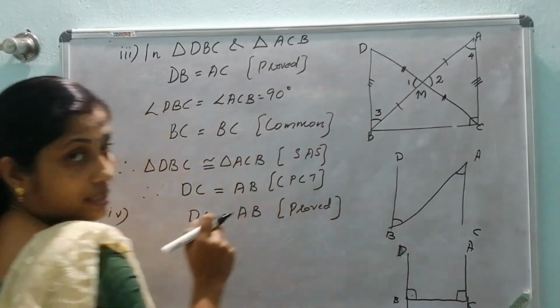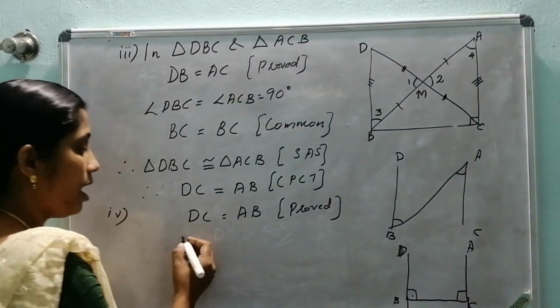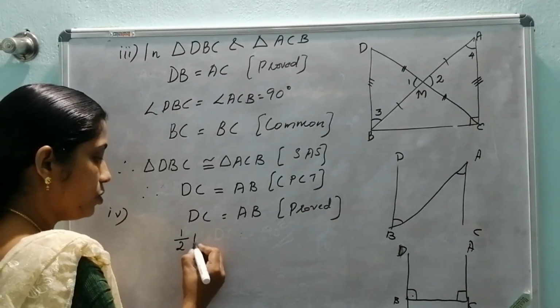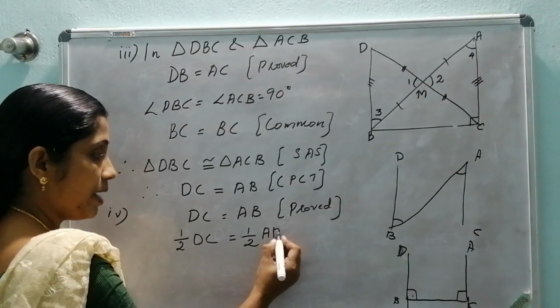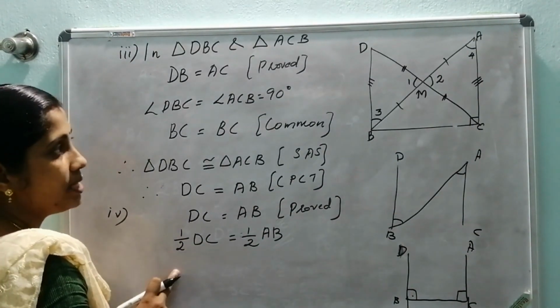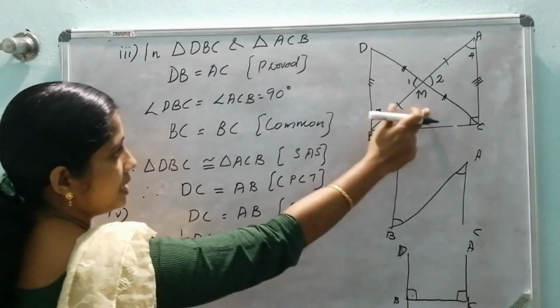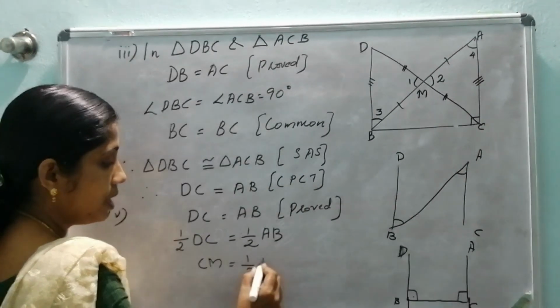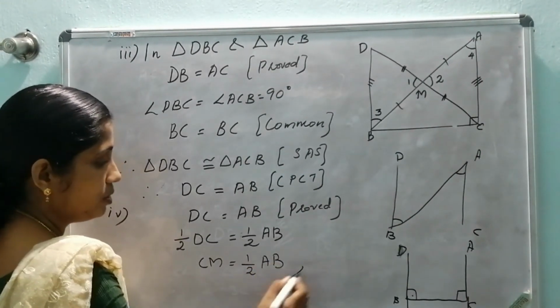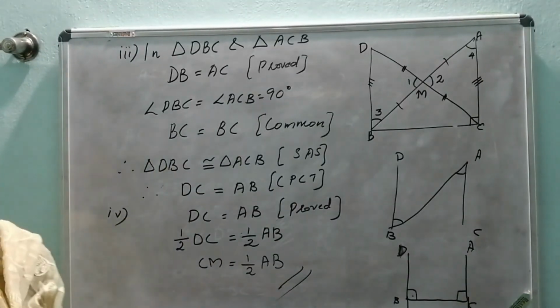It is given that M is the midpoint. So, take half on both sides: half into DC equals half into AB. Multiplying with half on both sides, what is half of DC? Half of DC is CM. So, we can write CM is equal to half of AB. Thus, all the parts of the question are proved. Okay.